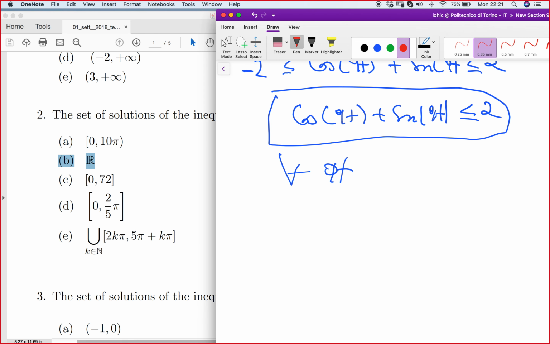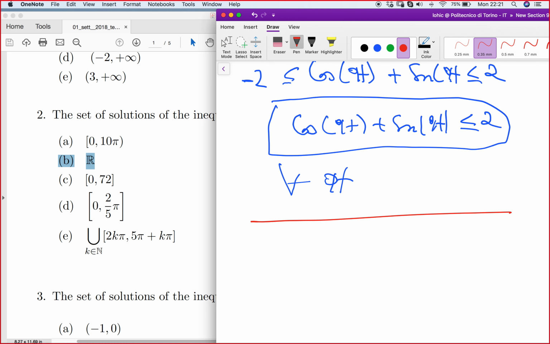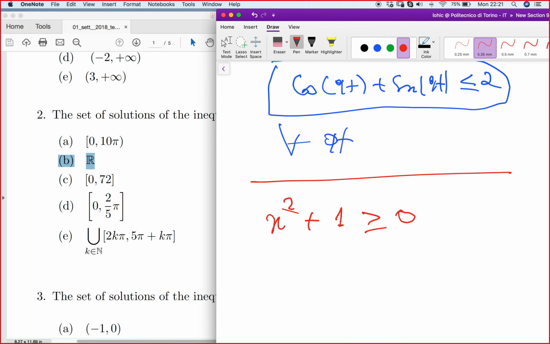It's like if I ask you to solve, for example, x squared plus 1 greater or equal to 0. You know that this will always be greater or equal than 0, because you take a positive quantity plus 1, so it will always be greater than 0.